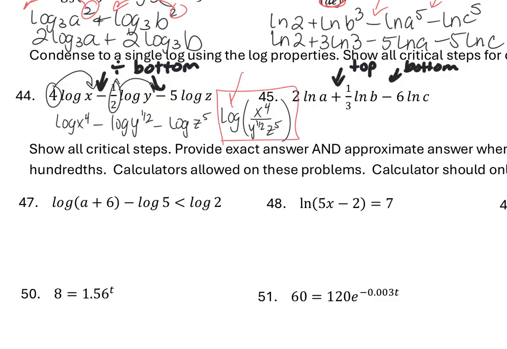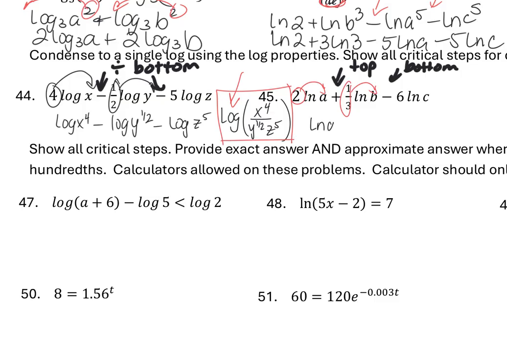Okay, notice the word log. It's only there one time. Okay. So I have 2 ln a. The 2 is going to go to my exponent. The 1/3 becomes an exponent. Now this could also, backtracking to number 44, you could also write that as the square root of y instead of y to the 1/2.